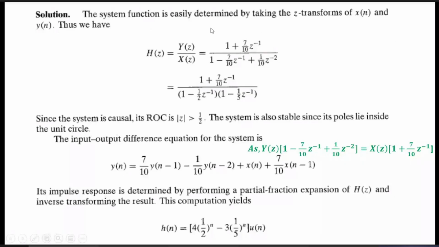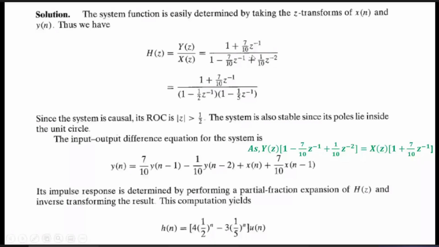First you take the z transform. The z transform is summation n from minus infinity to infinity x(n) z to the power minus n, or summation y(n) z to the power minus n.